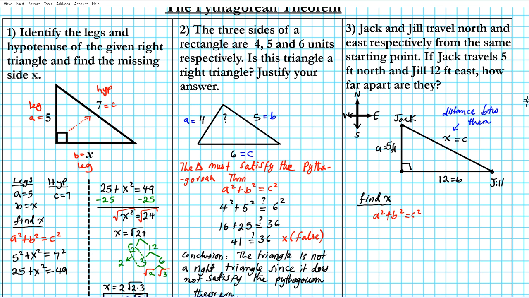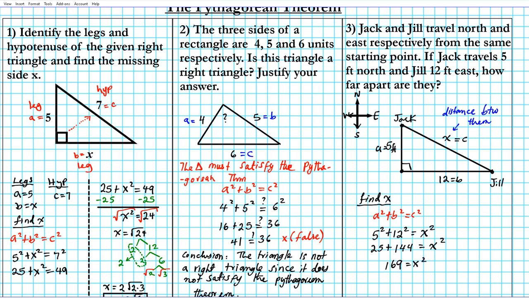Plug it in. 5 squared plus 12 squared equals x squared. x is what we're looking for. 5 squared is 25 plus 12 squared is 144 equals x squared. 25 plus 144 is 169 equals x squared.